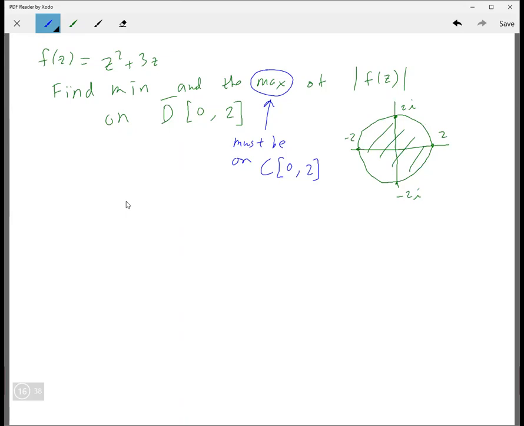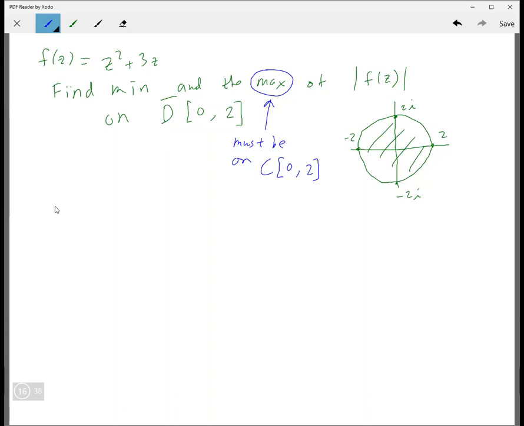You should be able to guess it. Or you might be able to guess it, I guess. Do we take the modulus?